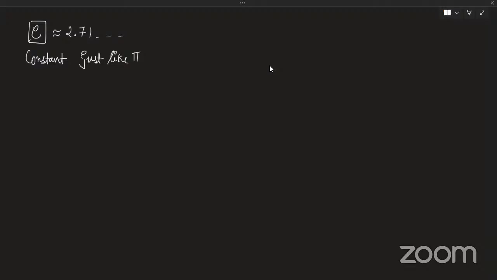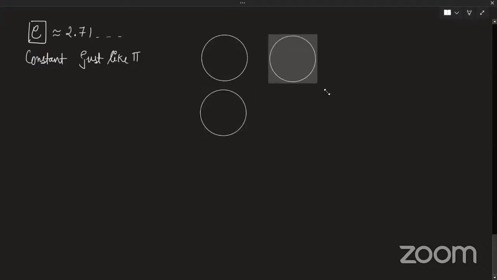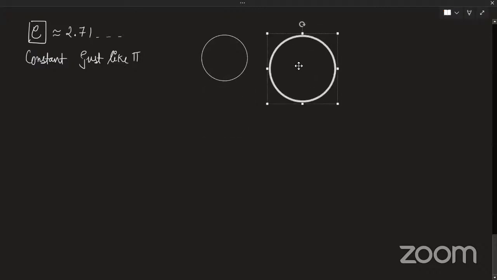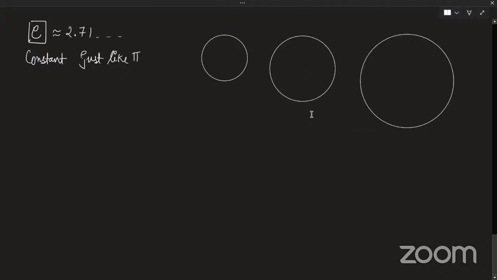So what is pi basically? I will just tell you the basics. You know obviously what pi is, right? I don't need to tell you that. So these are my three circles.